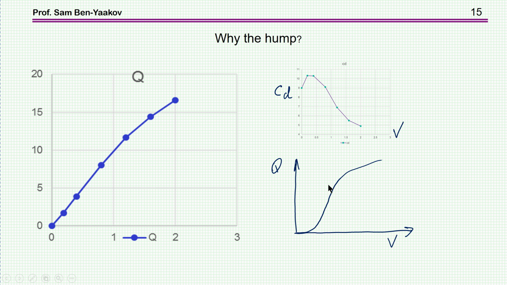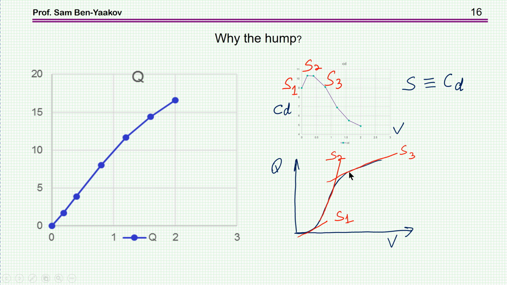This is a higher capacitance, and this is a smaller capacitance. And here it is: this capacitance here, this capacitance here, and this capacitance here. And these slopes correspond, of course, to the C_D. And so what we see here is small, and then it becomes larger, and then it becomes smaller. And that's actually what we have here.